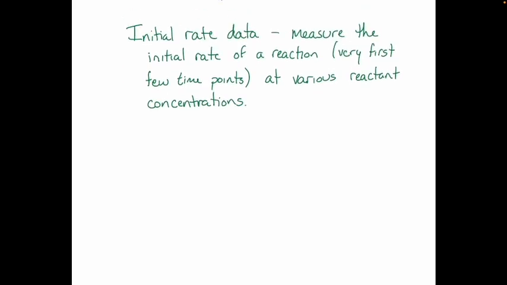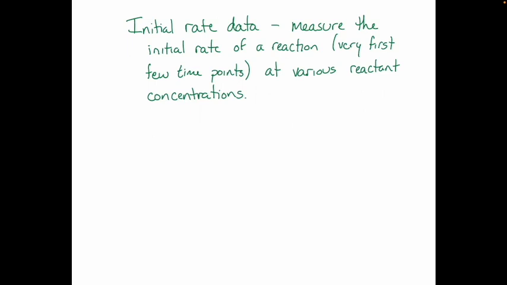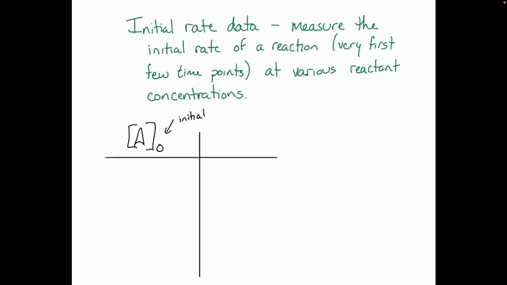Cool. So I'm going to give you a data set here. The concentration of our reactant A, initial, this means the initial concentration at t equals 0. And then the initial rate.